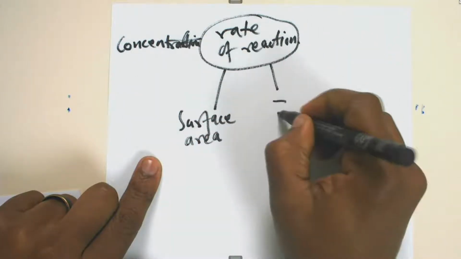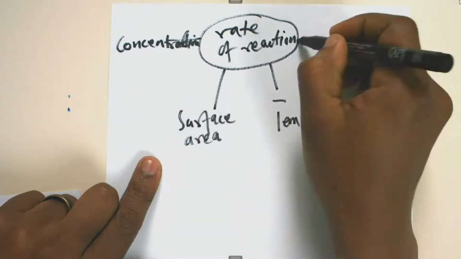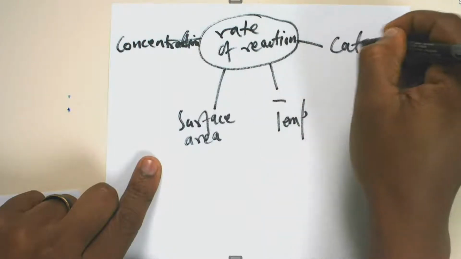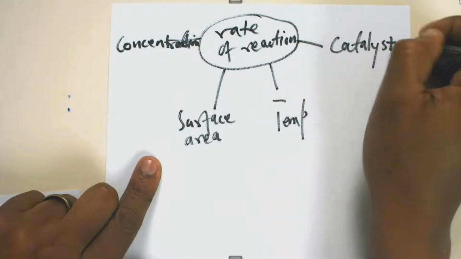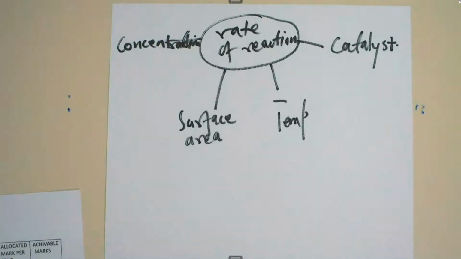We have temperature. And then we have a catalyst. So these are the factors. So we are going to design a way of saying how best can I go about using the collision theory in each one of them. Because with collision theory, we say particles must collide with sufficient kinetic energy in the correct orientation.